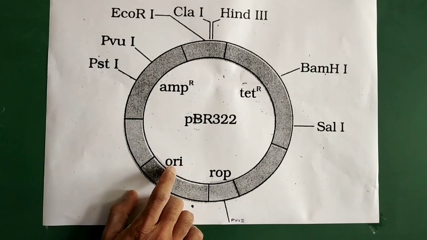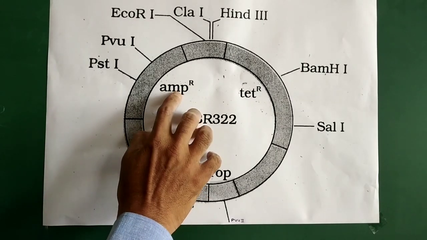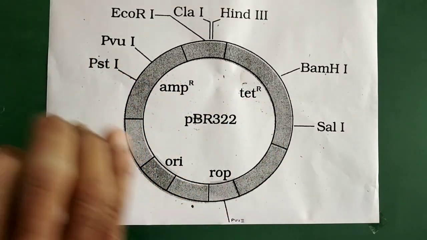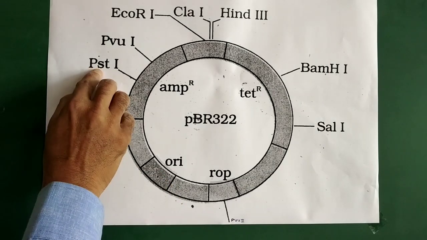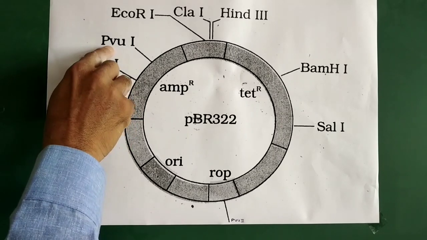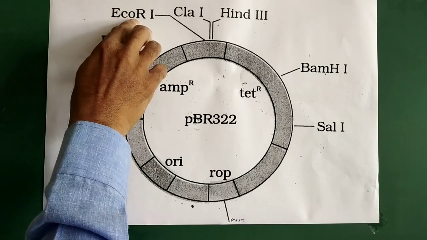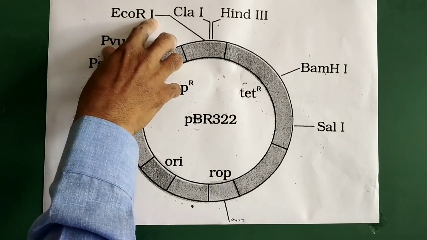Here you have to identify the origin of replication, the ampicillin, tetracycline, and there are 8 restriction endonuclease sites they have mentioned: PstI, PvuI, EcoRI. Already we have come across E. coli, R strain, Roman letter 1.